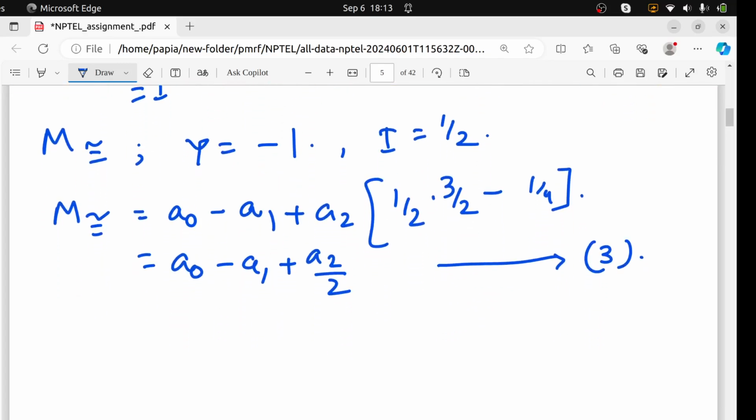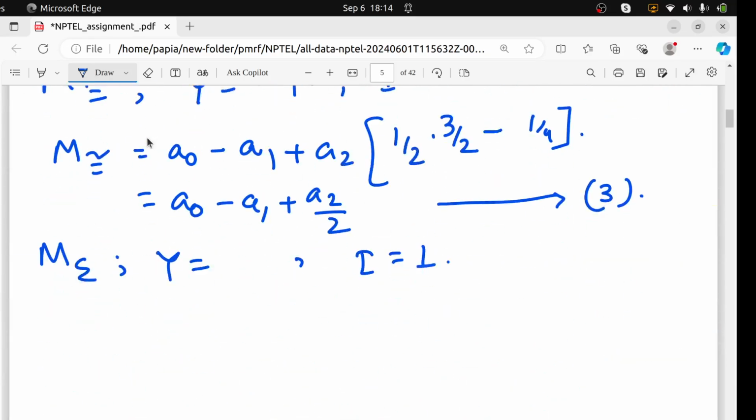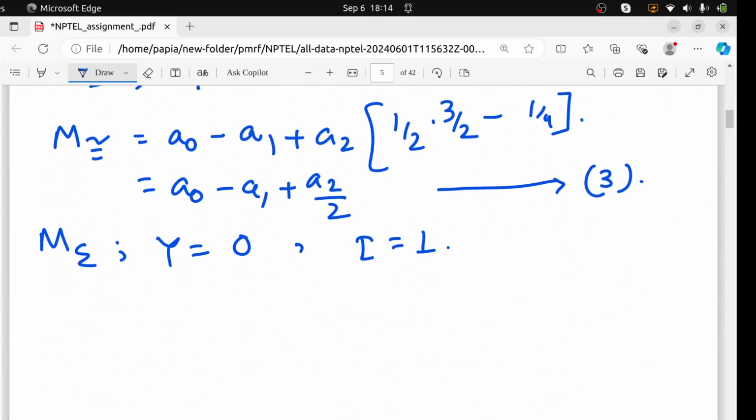Now coming to the third one, m sigma. For m sigma we need to check the y value as well as the I value. So I for sigma has 3 family members: sigma plus, sigma minus, sigma 0. So I will be 1 in this case, and y will be how much? y is 0. So we are writing here y equals 0.